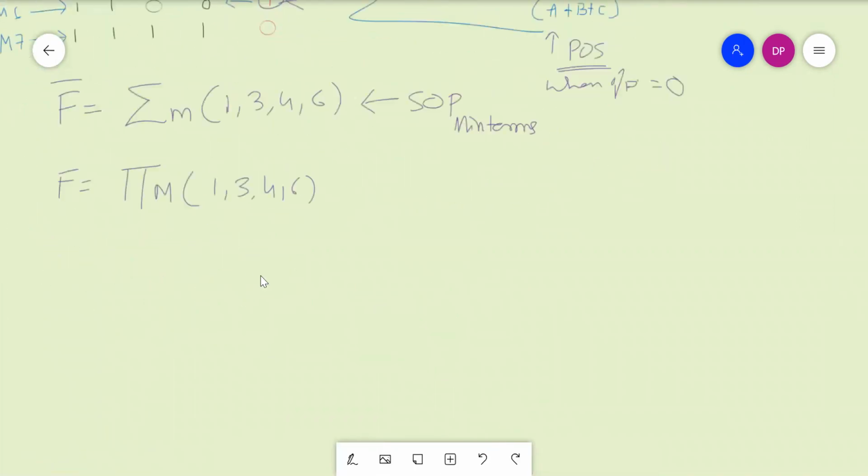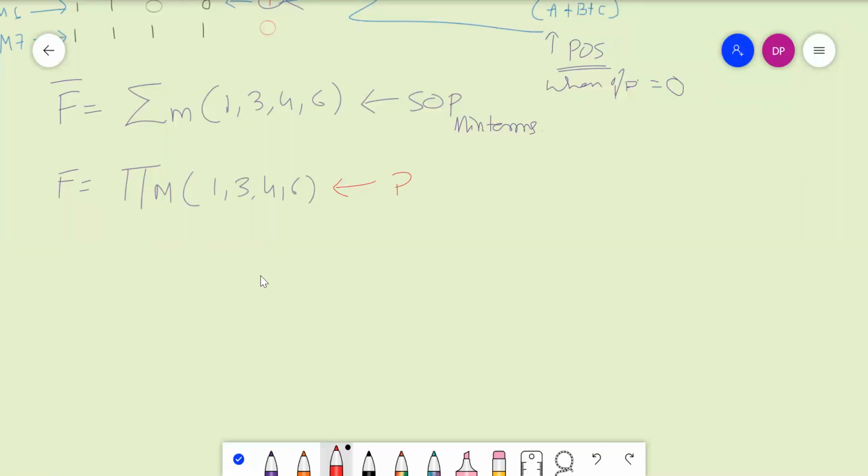So min term is written like this and max term is written like this. This is in terms of product of sum, that is max terms. What is LHS? Here it is F bar, this is F. So if you take the complement of the complement, what will you get? F.